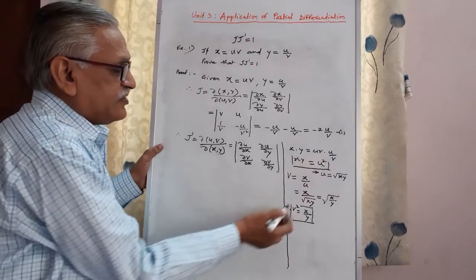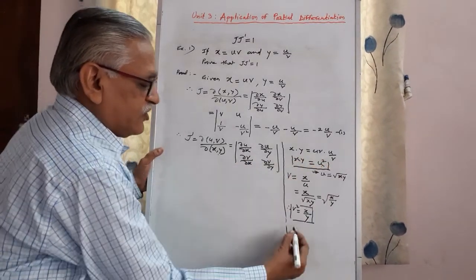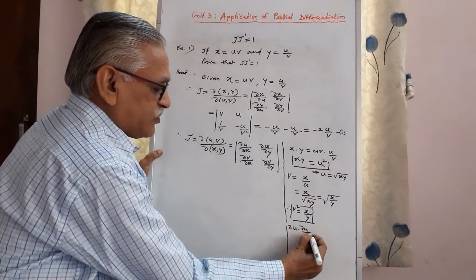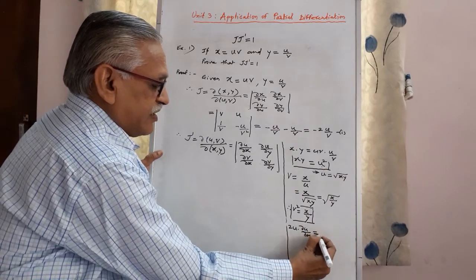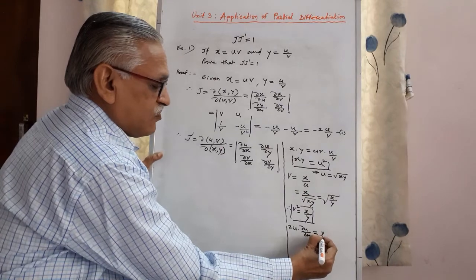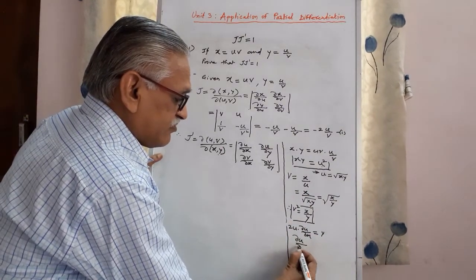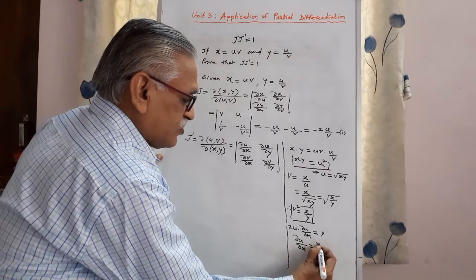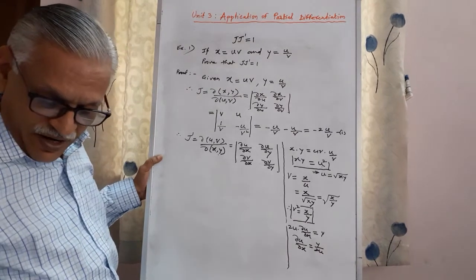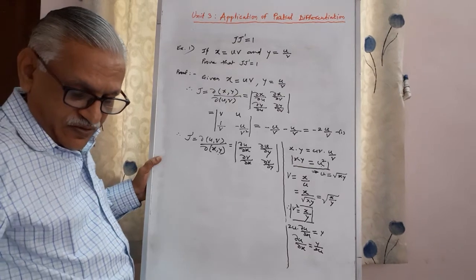Therefore, finding these derivatives with respect to x and y. Differentiating u² = xy with respect to x, we get 2u by the chain rule, derivative of u with respect to x, and the right side gives y. It implies ∂u/∂x = y/(2u).